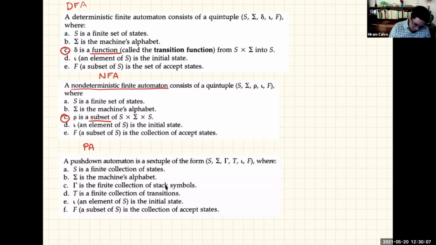In this case, as we have been told before, we don't have a delta, but we have a t. In this case, we focus on this part, and this says a finite collection of transitions. By collection, we mean set. So in this case, we have a set. In this case, we have a set. In this case, we have a function.